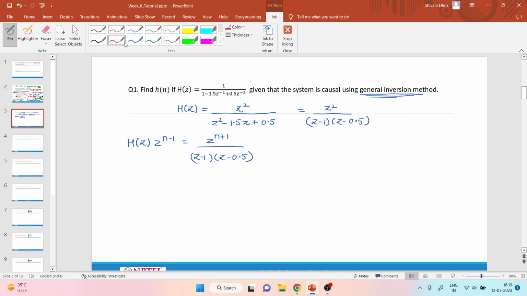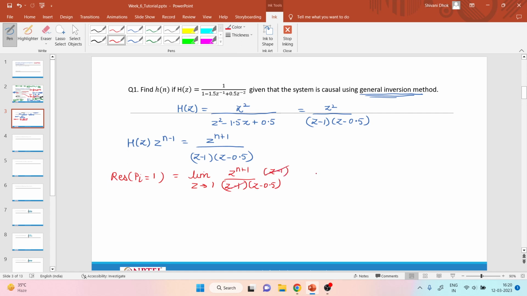Now I need to find the residue of these. If I consider the residue at pole 1, since it is a simple pole, it is given as the limit z tending to 1 of z to the power n plus 1 upon z minus 1 into z minus 0.5, multiplied by z minus 1.